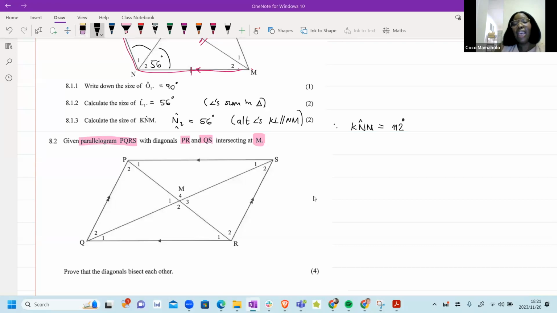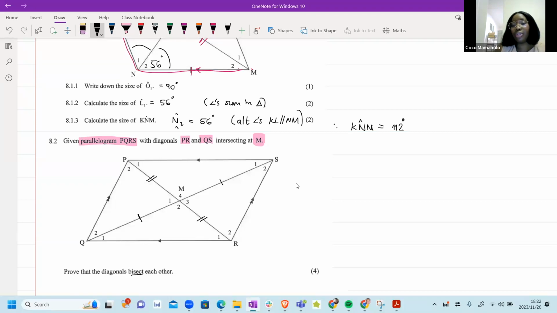Now, remember, guys, if we want to prove that our diagonals bisect each other, we need to prove that one line cuts the other line in half, right? So we can do this. We can either prove that QM is equal to MS, or we can prove that PM is equal to MR.